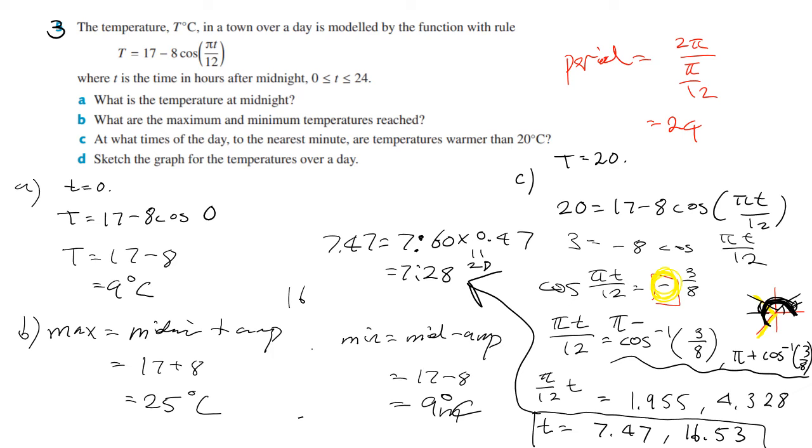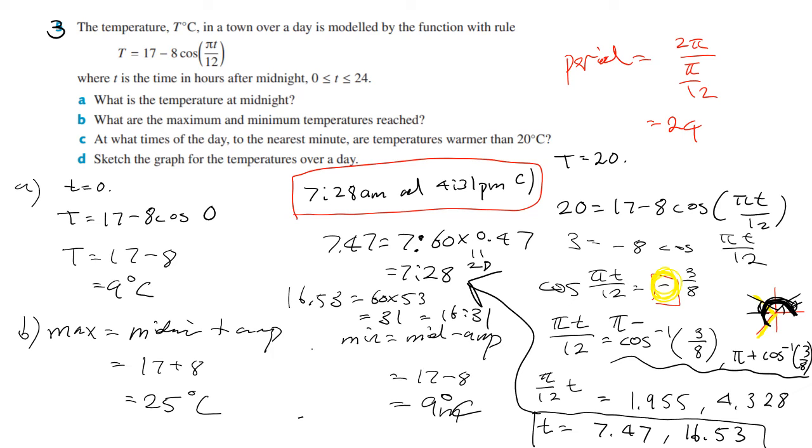And 16.53 becomes 60 times 0.53, put a number behind the decimal place, which is 31. So that's 16:31. So we can say that between 7:28 a.m. and 4:31 p.m. the temperatures are warmer than 20 degrees.